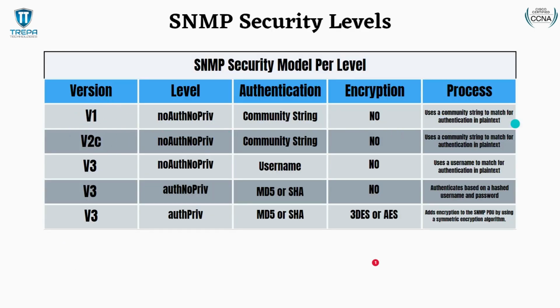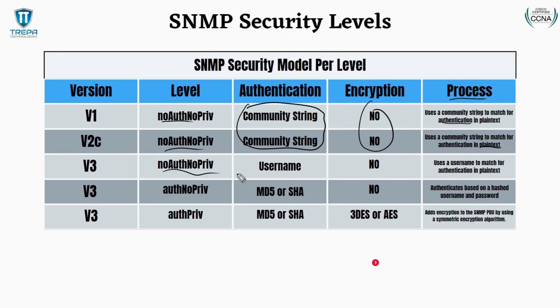So version 1 and version 2 are going to be no auth and no priv, which essentially means that the only authentication we have is a community string that gets sent in plain text, and we don't have any encryption. And you can see the process here. It uses a community string to match for authentication, so essentially communicating to your NMS and SNMP agent, but it's sent in plain text.